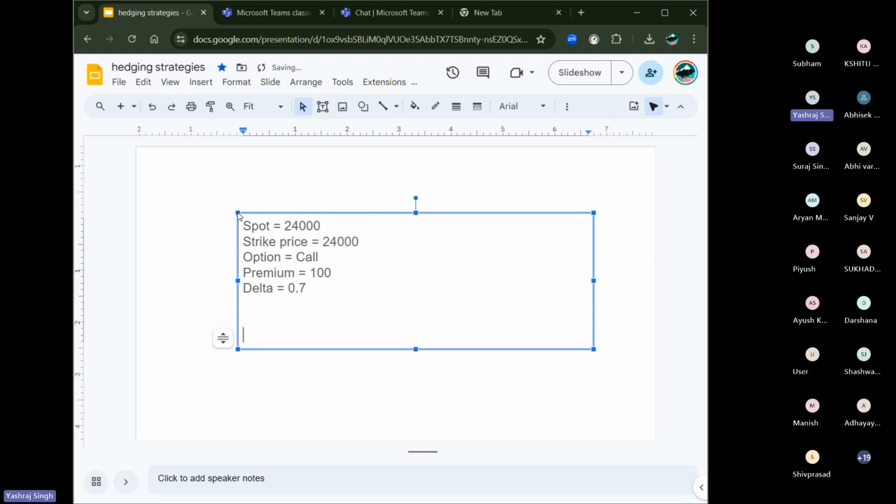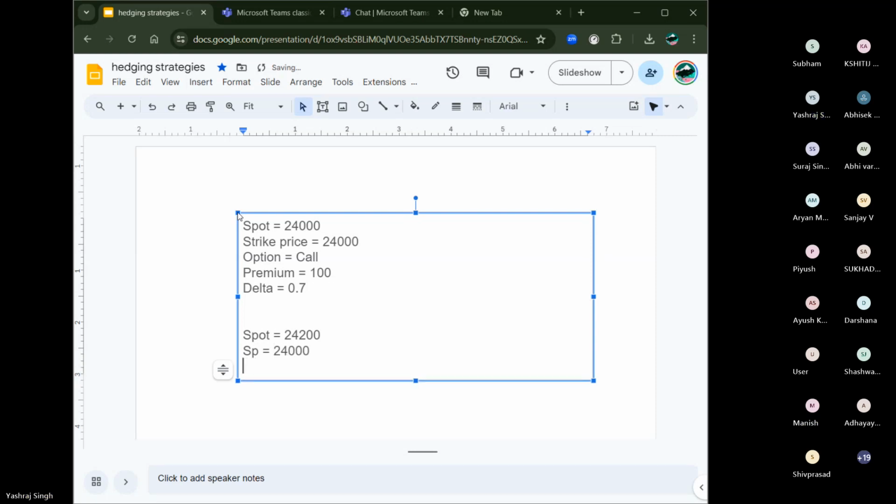Now, case 2, where the spot price changes to 24,200. The strike price is still 24,000 because that is static. The option is still a call. The premium will change. We are assuming that from 24,000 to 24,200, in this 200 point move, the delta remained static.